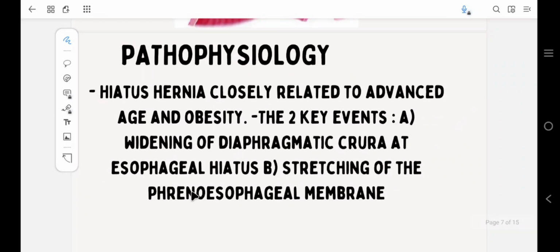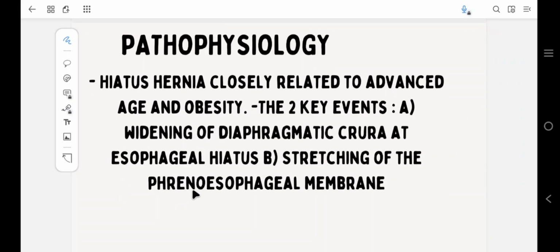Coming to the pathophysiology of hiatus hernia. Hiatus hernia is closely related to advanced age and obesity. The two key events which facilitate formation of a hiatus hernia are: first, widening of diaphragmatic crura at the esophageal hiatus. Second, stretching of phrenoesophageal membrane.